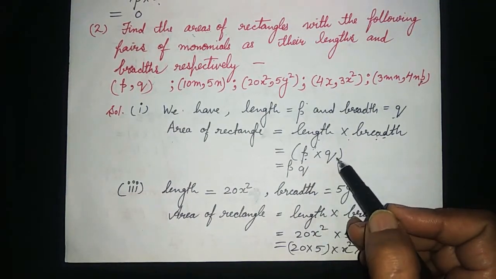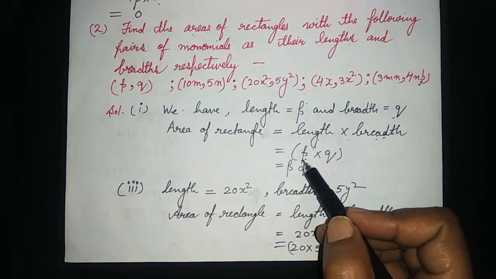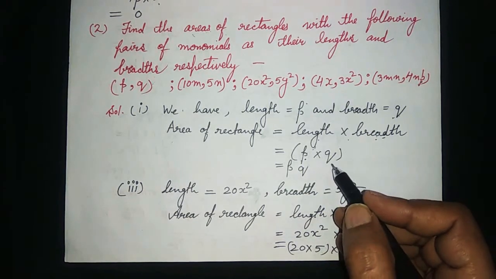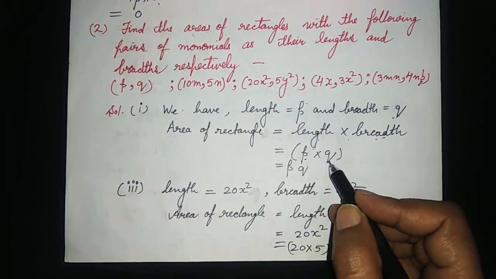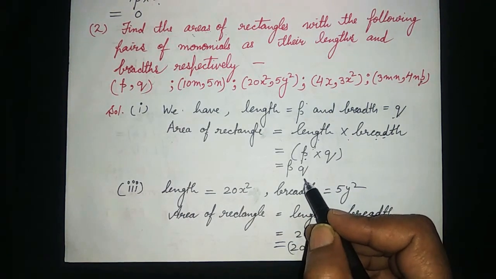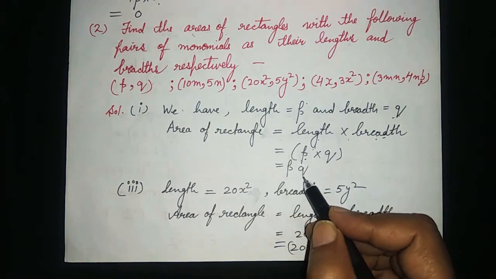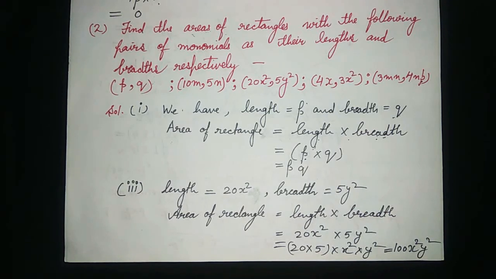Now we can see that we have written two monomials. The first monomial is p and the second monomial is q. After multiplying these two monomials, we will get pq. So pq is the area of the rectangle.